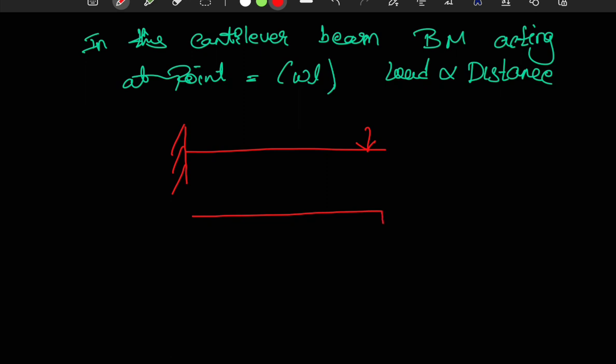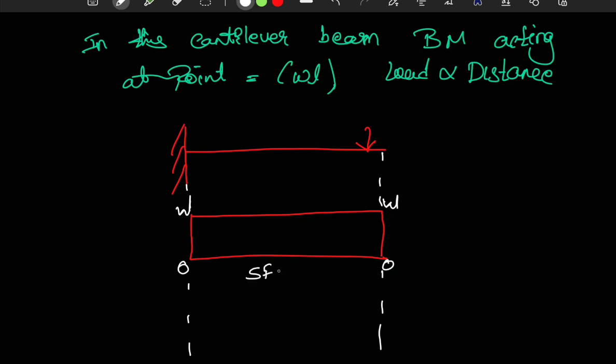In point load, the shear force acting at the free end is 0, then it is W. SFD and BM start from 0.